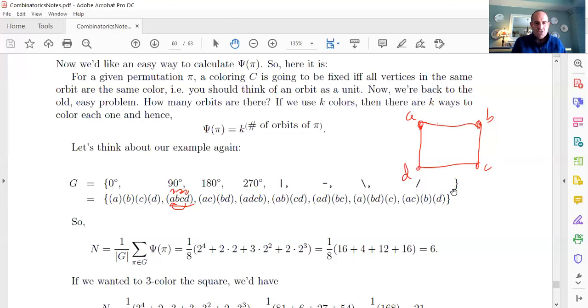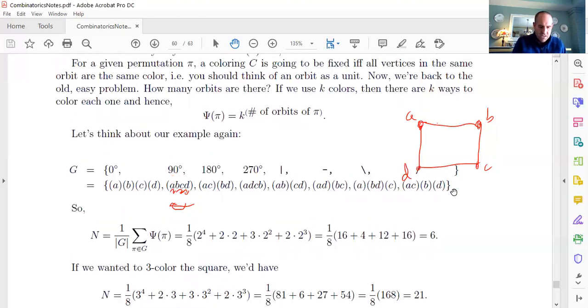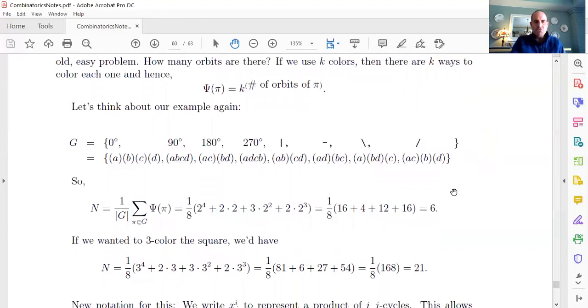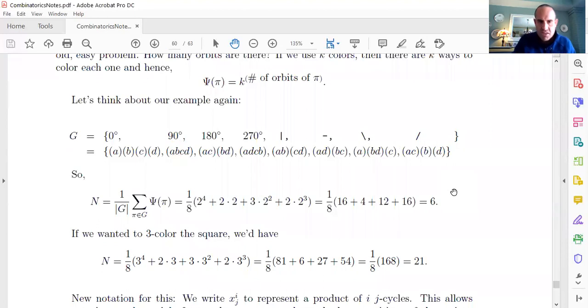Remember, we've already done this computation before, but I just want to think about the structure of these permutations. How many things are fixed? Remember, I was working with two colors, black and white, in the problem that we were working on before.